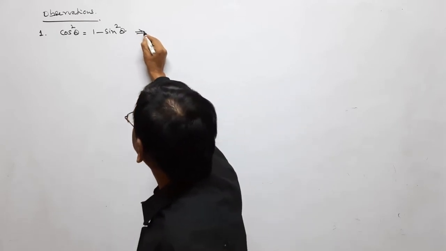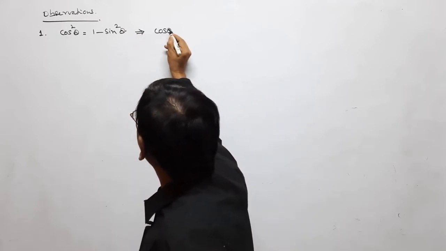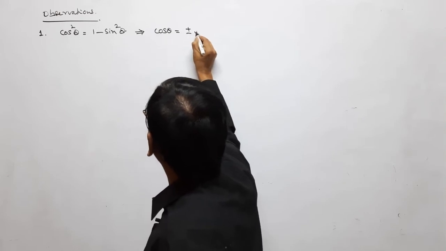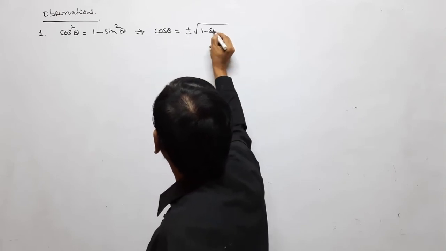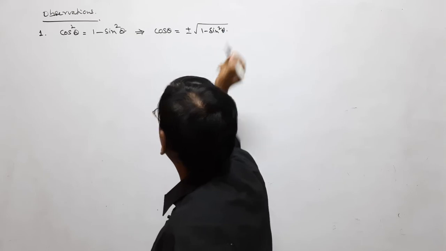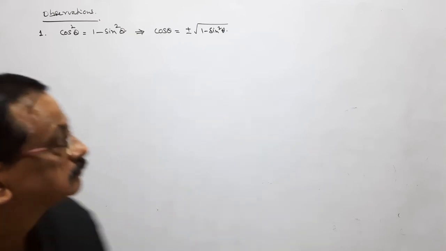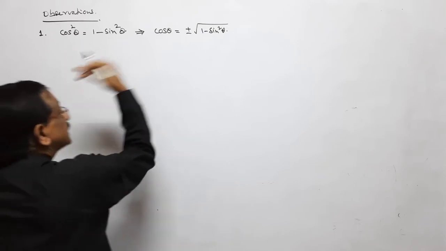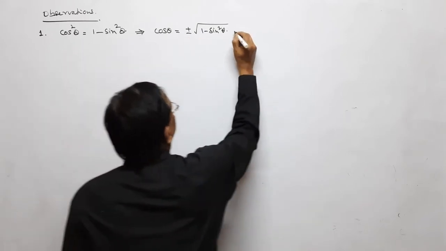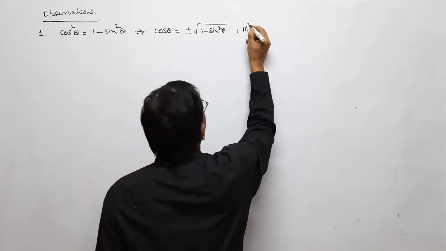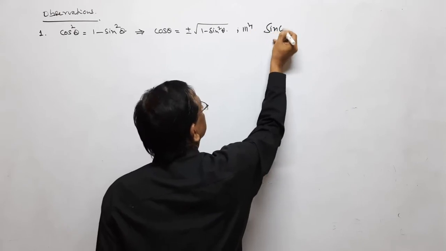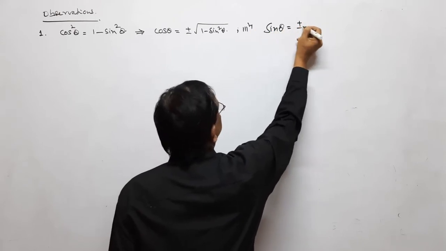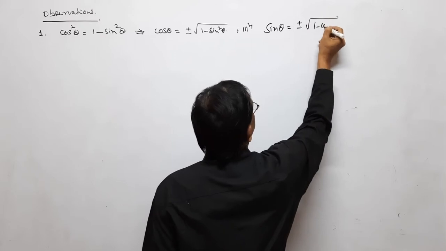So this implies cos theta is plus or minus root 1 minus sin square theta. In the same way, similarly, sin theta can be viewed as plus or minus root 1 minus cos square theta.